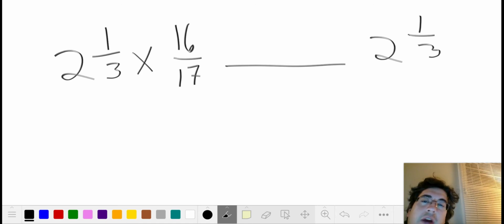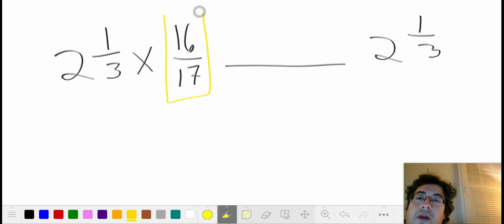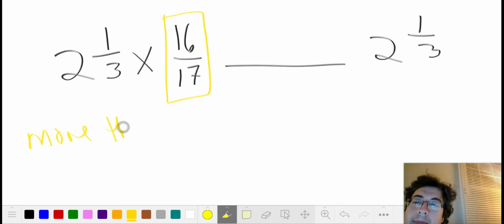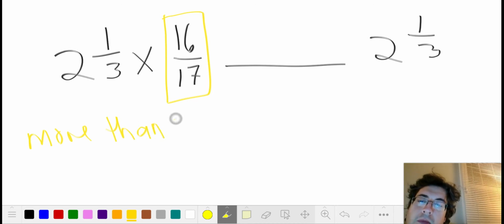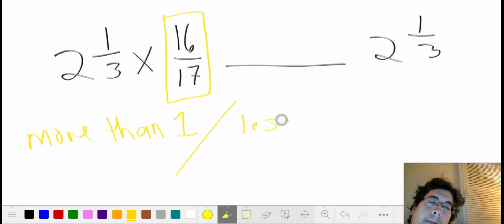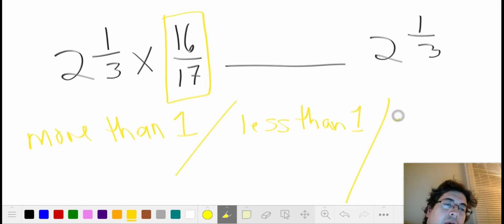And once again, it all comes down to this fraction right here. We have to identify whether that fraction is more than 1, less than 1, or equal to 1.